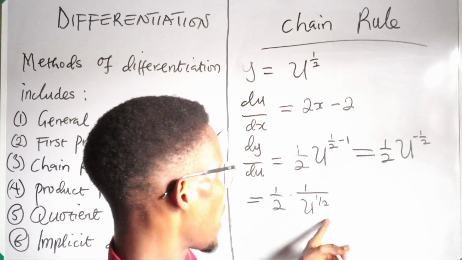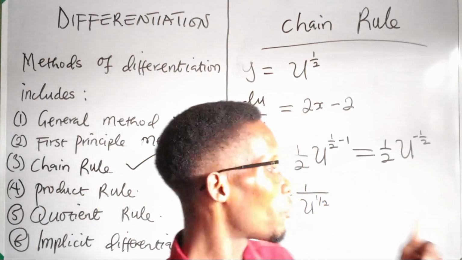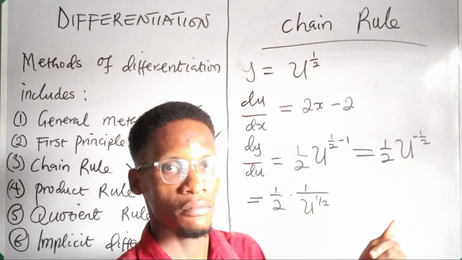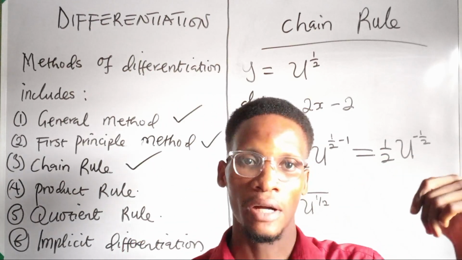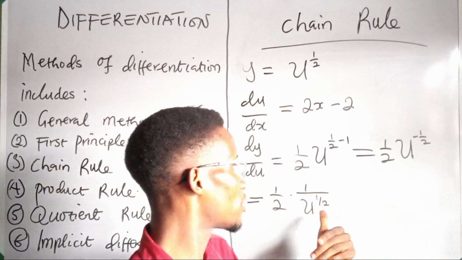If you are confused here, I had a video on indices showing how this becomes 1 all over u raised to half. Make sure you check the video. Go to the playlist, you will see it under indices, watch it, and you'll be able to get what I did here.